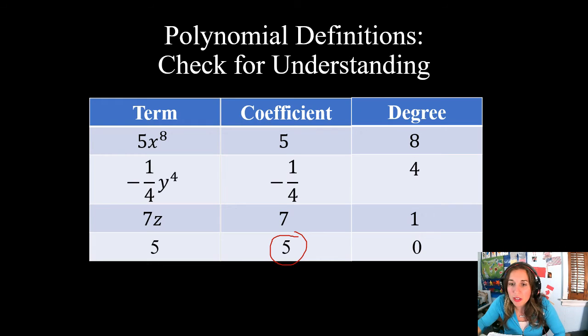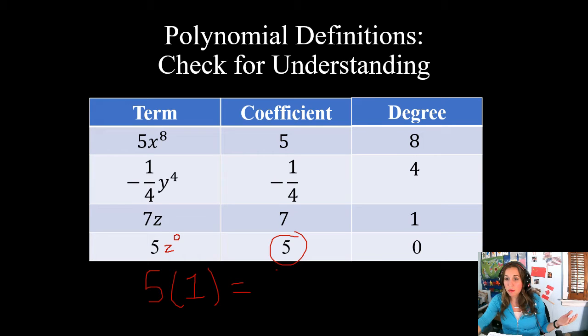So if we were dealing with z's, we have z to the 0 power, because anything to the 0 power is just 1, which would make this 5 times z to the 0 power, which would just be 1, which equals 5. So there's where our number comes from. Whenever you have just a number without a variable being raised to a power, the degree is 0. It's like there's a variable being raised to the 0 power there.